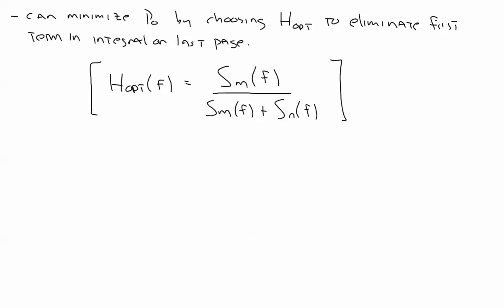Okay? The optimum filter for this purpose, the purpose of maximizing signal-to-noise ratio while minimizing loss of fidelity in the presence of broadband white noise, this type of optimum filter is known as a Wiener-Hopf filter.